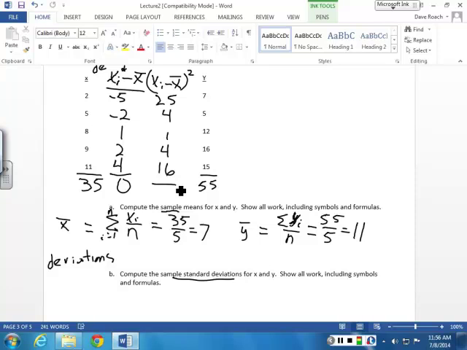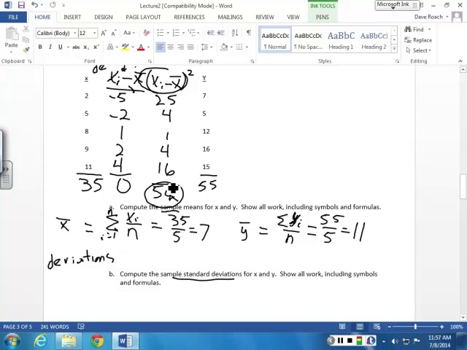And when I added those up this morning, in fact, that's 50. So this will be called the sum of squared deviations.